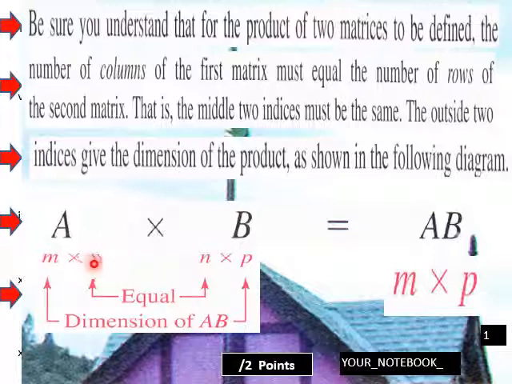The columns of A must be equal to the rows of B for this product to be defined. So the outside two indices give the dimension of the product. So M times P will be the dimension of it, as shown in the following diagram.